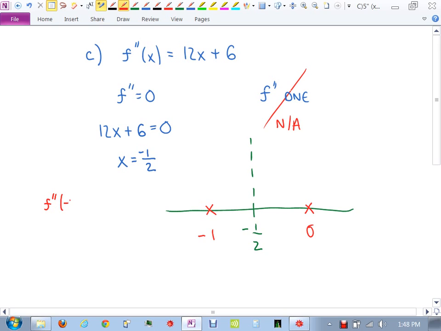So what's the second derivative at negative 1? Well, that's 12 times negative 1 plus 6. That's negative 6. That's less than 0, right? What does it mean if my second derivative is less than 0? What is my original function going to be doing there?